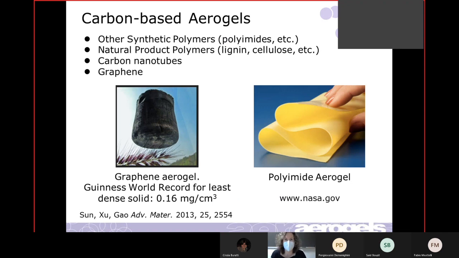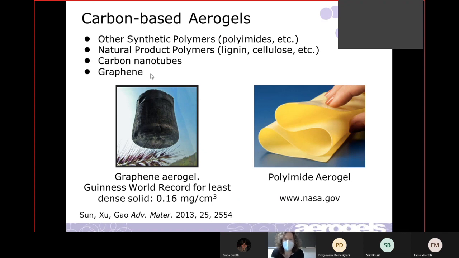And on the first day of class this week, Professor Anderson showed a previous Guinness World Record for the lightest or least dense solid. But several years ago, a graphene-based aerogel, and graphene, as I think you've probably heard of, was a Nobel Prize a few years ago for graphene. Graphene is a single layer of graphite.